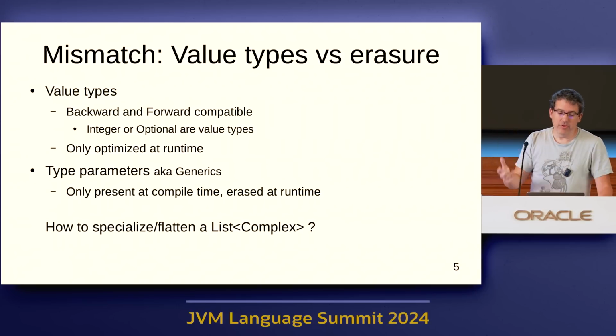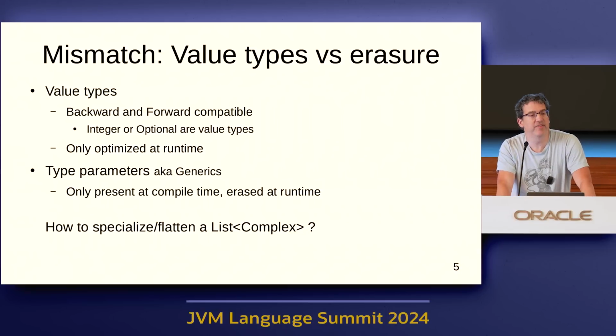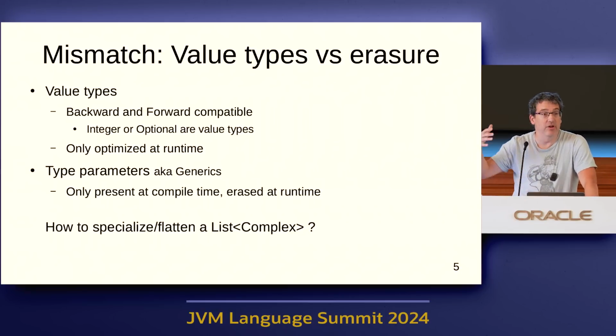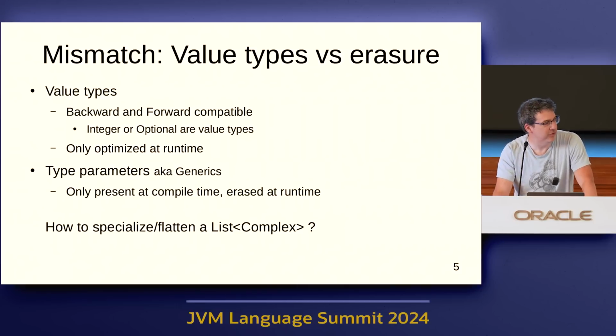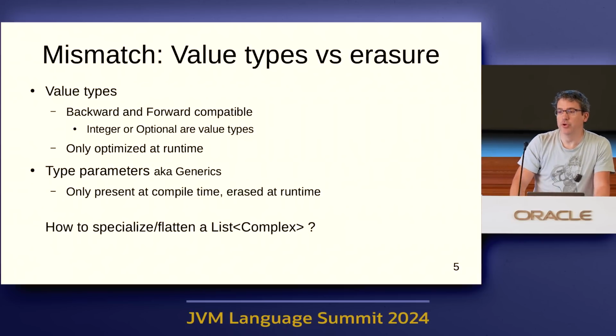So the real question is how to specialize something like a list of Complex. The answer is we have to change the way generics are currently implemented. We cannot have erasure. The real question of this talk is what we can do.